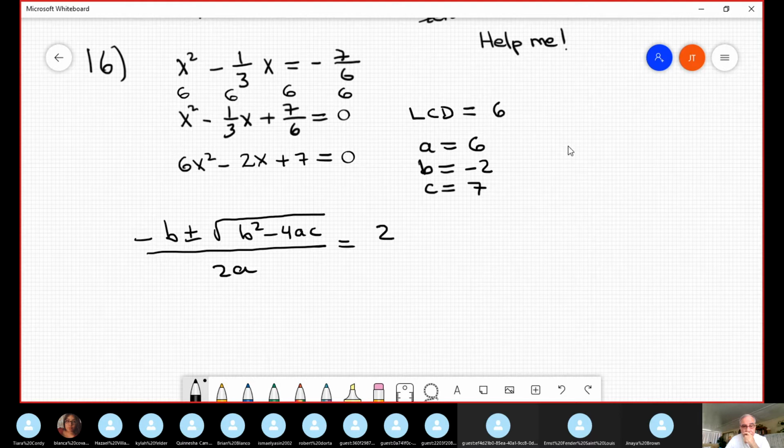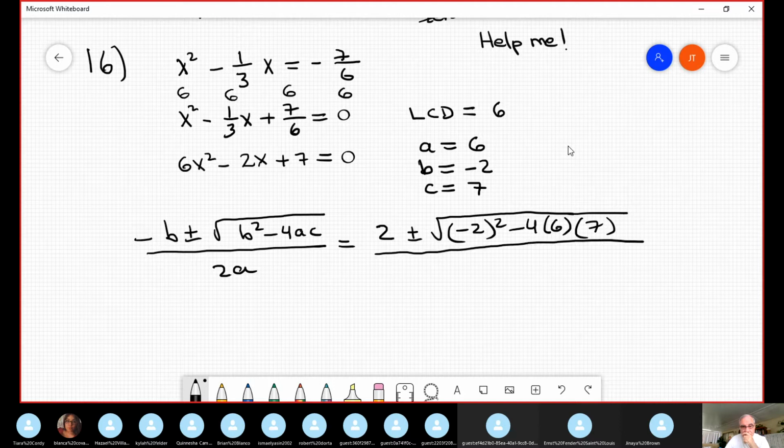Negative B, double negative, the value becomes positive, plus or minus the square root of negative 2 squared minus 4 times 6 times 7, over 2 times 6.